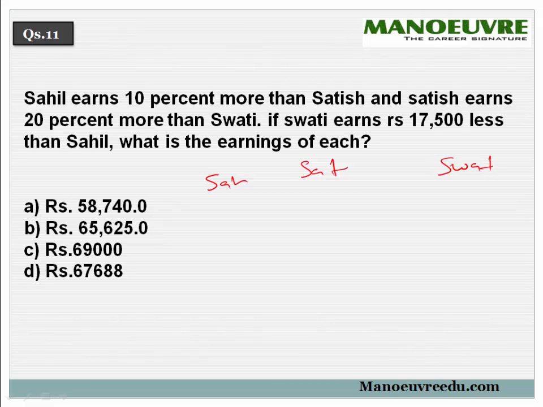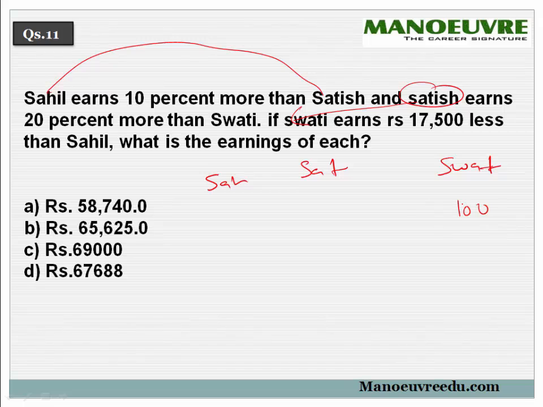Swati is the heroine, obviously. So Sahil earns 10% more than Satish, and Satish earns 20% more than Swati, which means Sahil's value depends on Satish, and Satish's value depends on Swati. So we will assume Swati as 100.